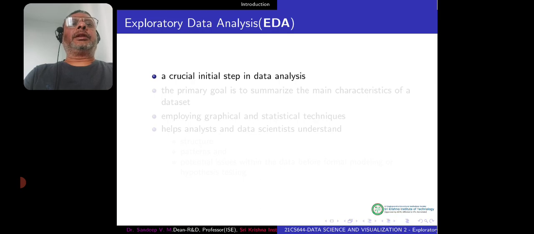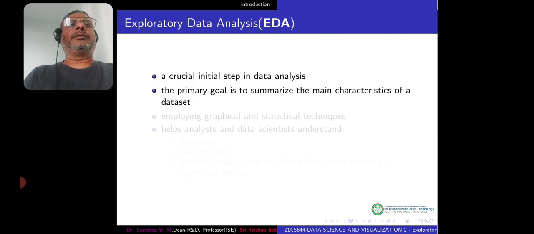The exploratory data analysis, in short EDA, is a crucial initial step in data analysis. The primary goal of EDA is to summarize the main characteristics of the data set. Usually the data set is very huge in number, big data. So to understand the characteristics of the data set, what we require is a summary of it, and EDA provides that summary.